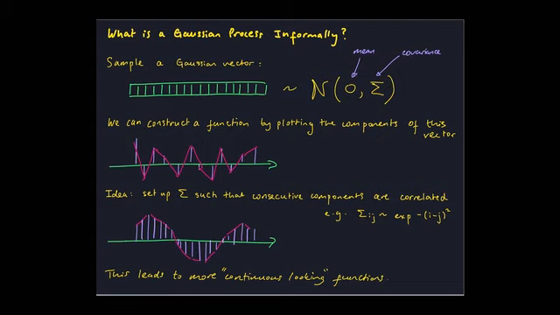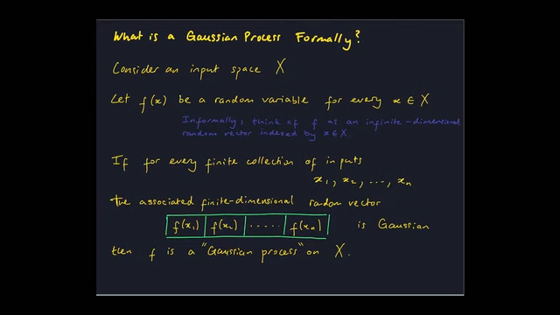If you have a random vector, you can plot its coordinates, and then you can let the number of coordinates go to infinity, and it will limit to something more like a continuous function. I've not really proved anything here, I've just given you an intuitive description. If you forget everything else from the lecture, that's basically what a Gaussian process is. So now I want to give you the formal definition.